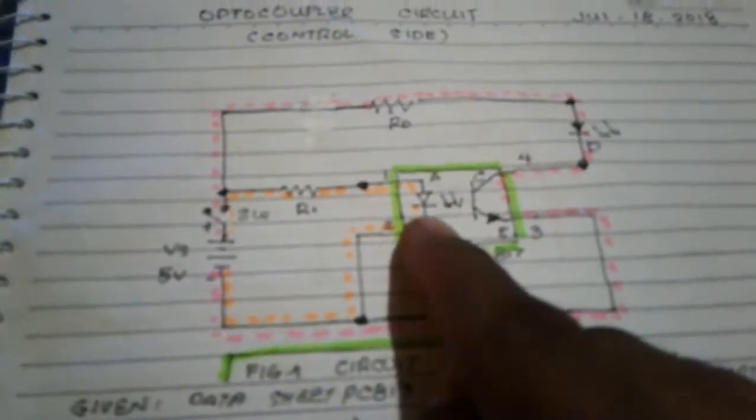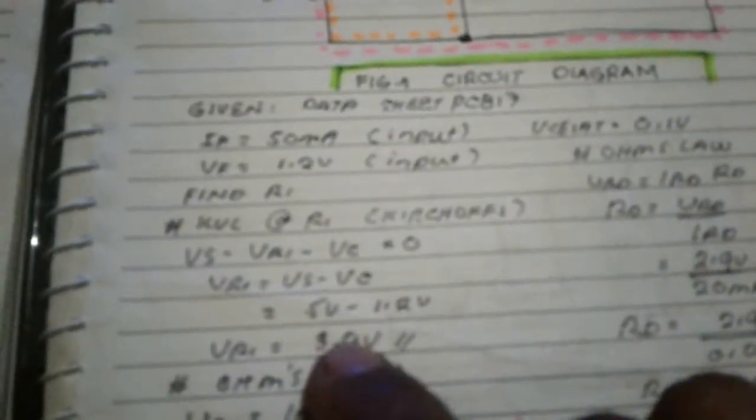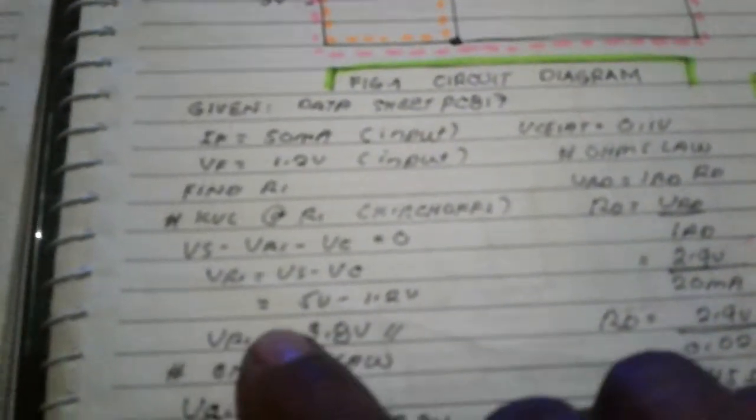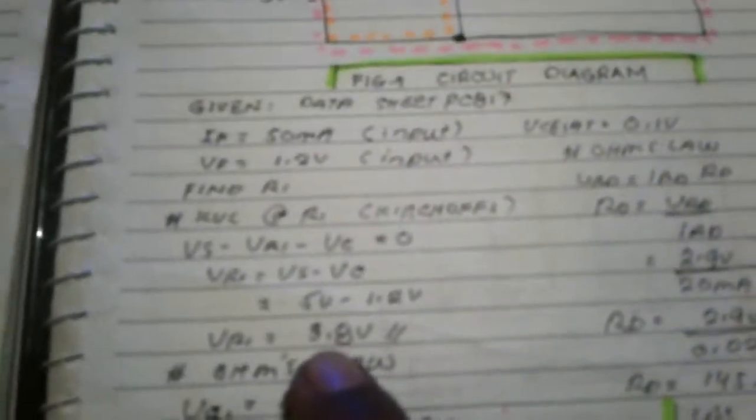So calculating the value of R1 here, we have Kirchhoff's voltage loop using this yellow line. Follow the yellow line when you close the circuit. Voltage supply minus the voltage drop across the resistor 1 minus the voltage drop across the photodiode here, and we get 3.8 volts here. This 1.2 is the forward voltage of this optocoupler.